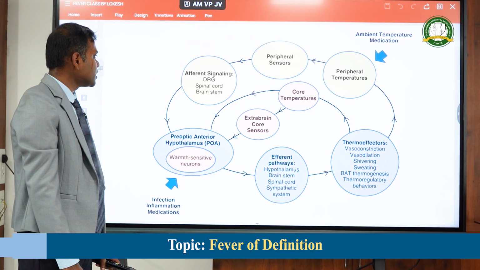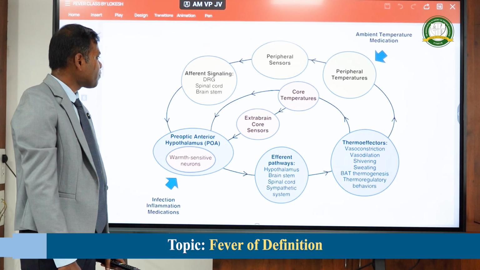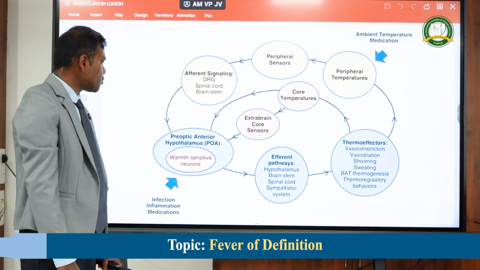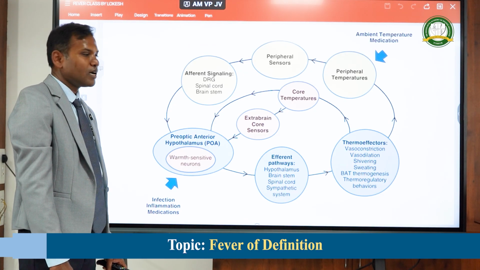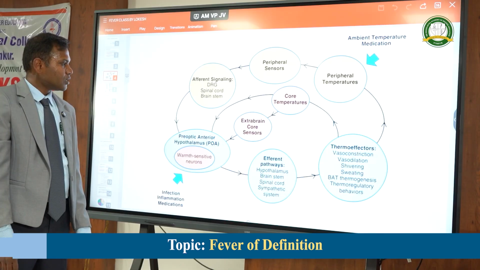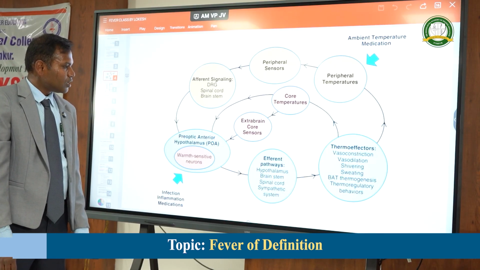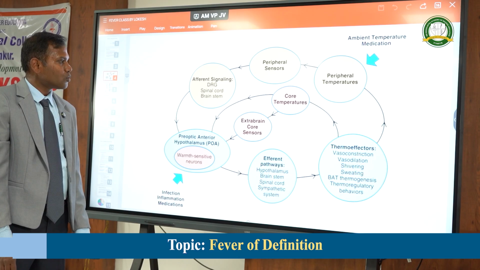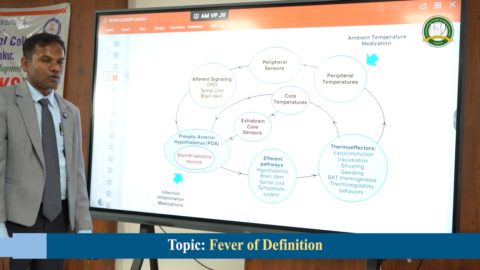Afferent signaling through the dorsal root ganglion, spinal cord and brainstem once again goes to the preoptic anterior hypothalamus to regulate the temperature. Next, the thermoeffectors affect core temperatures, and once again this goes to the preoptic anterior hypothalamus.